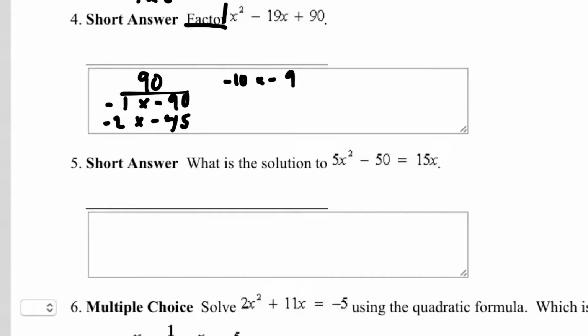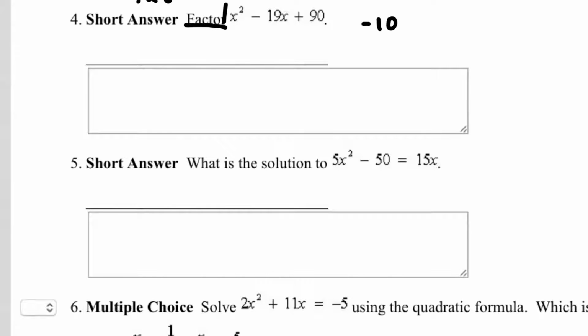So once you have those two, we're going to factor by grouping here. Negative 10 and negative 9 are my two numbers, right? I put them right here so I remember. So what I write is ax squared, in this case it's just x squared, minus 10x, because that's my m, minus 9x, because that's my n, plus 90.